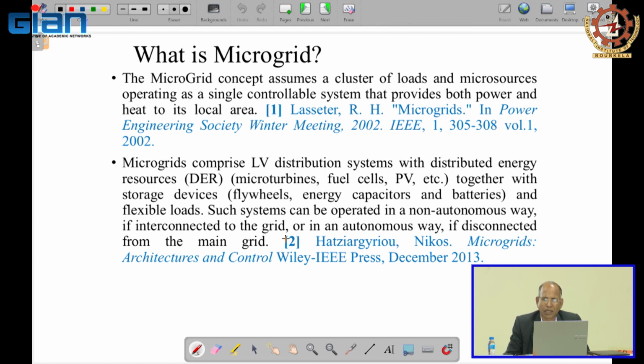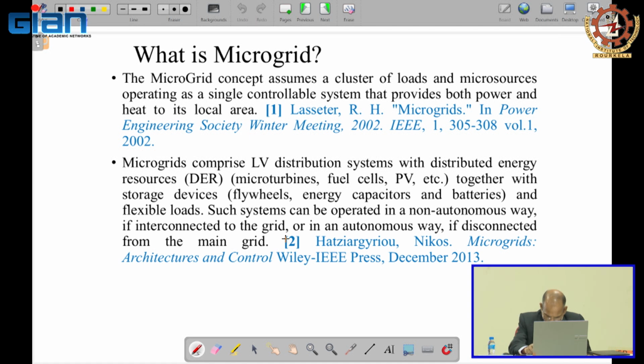And then the backup in terms of battery storage system; it can have a diesel generator as well. Then of course the load can be classified by priority. And then of course this microgrid can be connected to the grid or it can be in isolated mode.